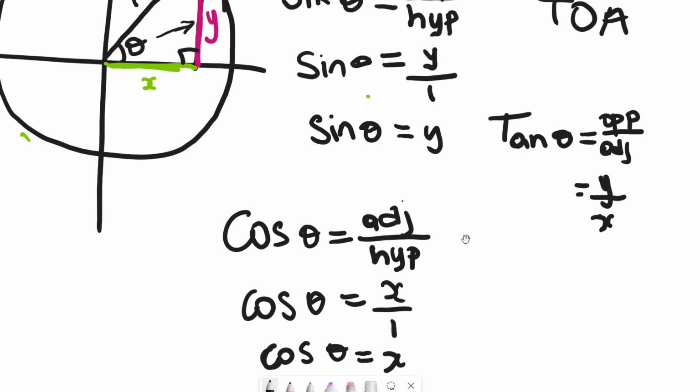So if I were to write tan of theta in terms of sine and cosine, well, since y is equal to sine theta, I can plug that in. So it's going to be sine of theta divided by cosine of theta. And that's going to be tan.